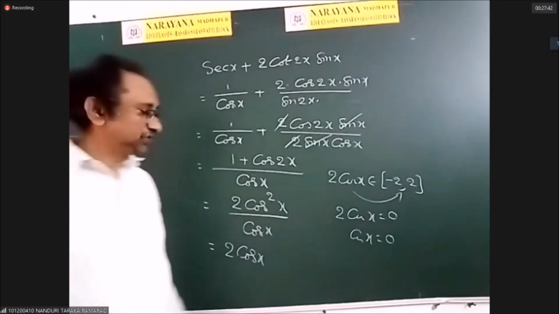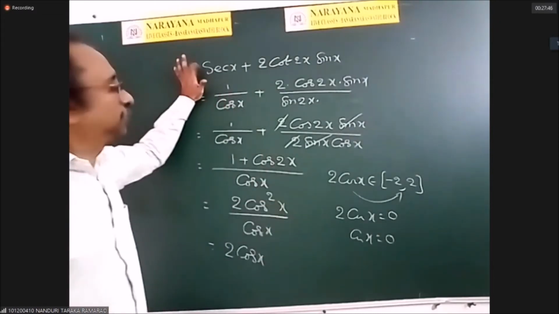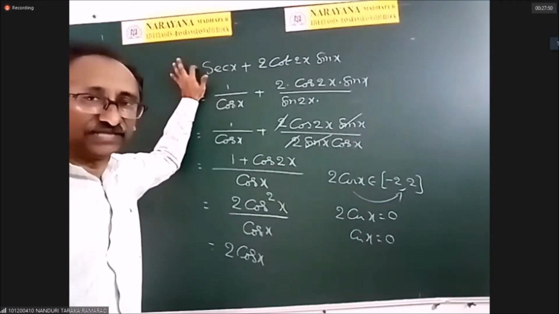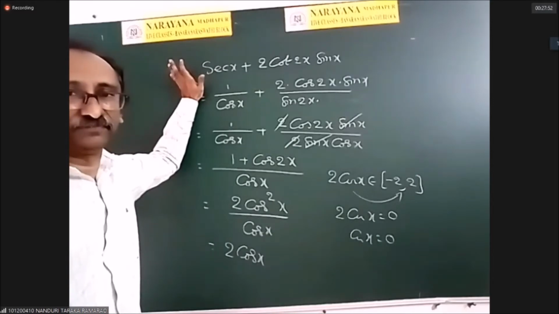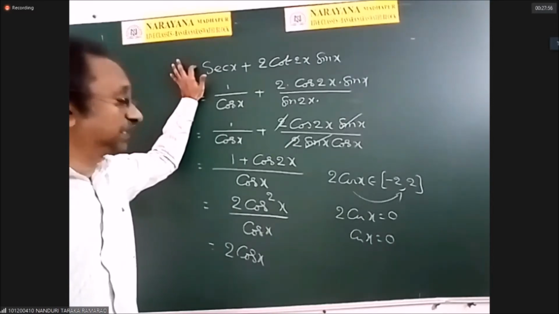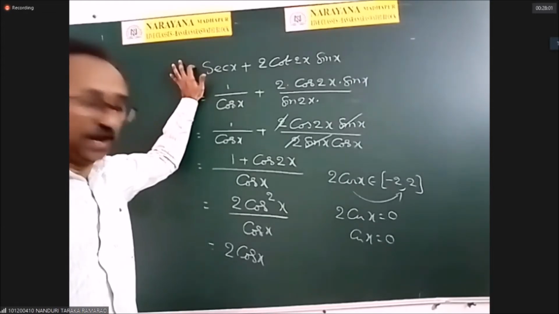If cos x is 0, what about secant x? Secant x is not defined. Secant x means 1 by 0, it is not defined.